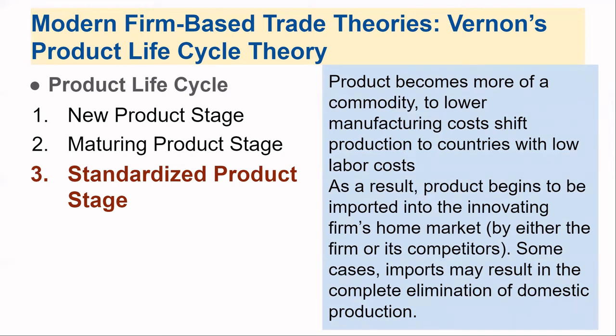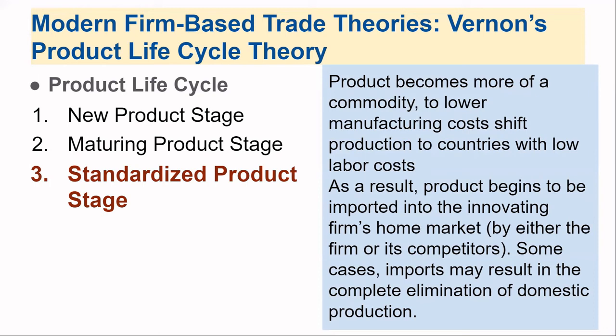They will just begin to import into the innovating company's home market, by either the firm or its competitors. In some cases, imports may also result in complete elimination of domestic production, as seen in many developed country markets, the US or even Europe.